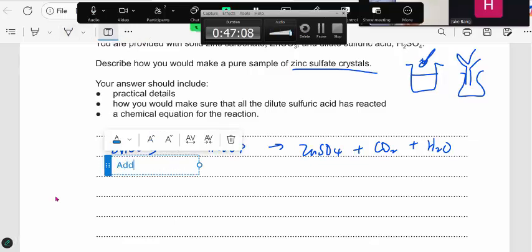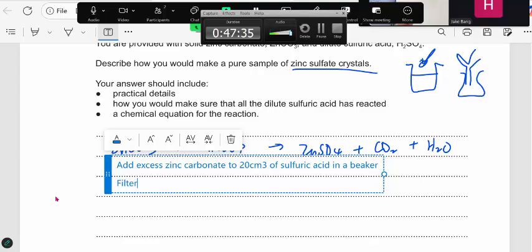Okay, so you add excess. You must say the word excess. Add excess zinc carbonate to 20 centimeter cube of sulfuric acid in a beaker.